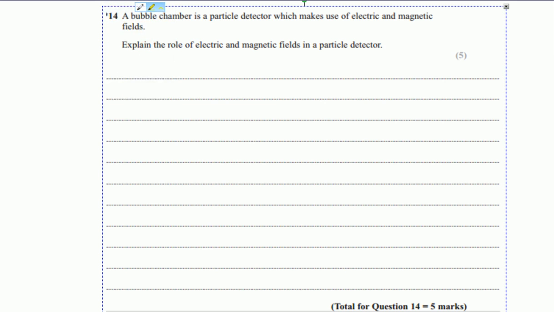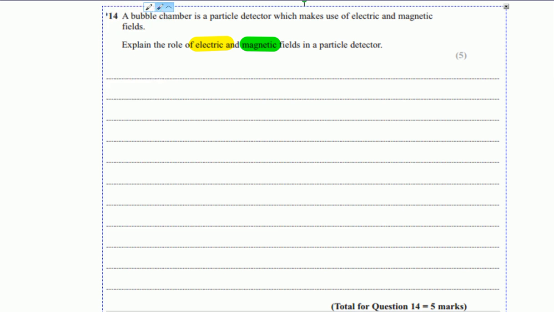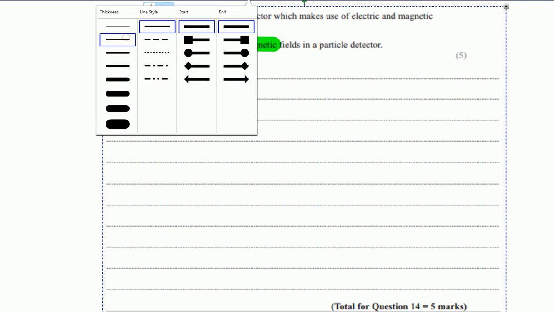The first thing we should be thinking about is the fact that it wants electric and magnetic fields. So let's just think about sketching it out. What are going to be our main points to be considering here?